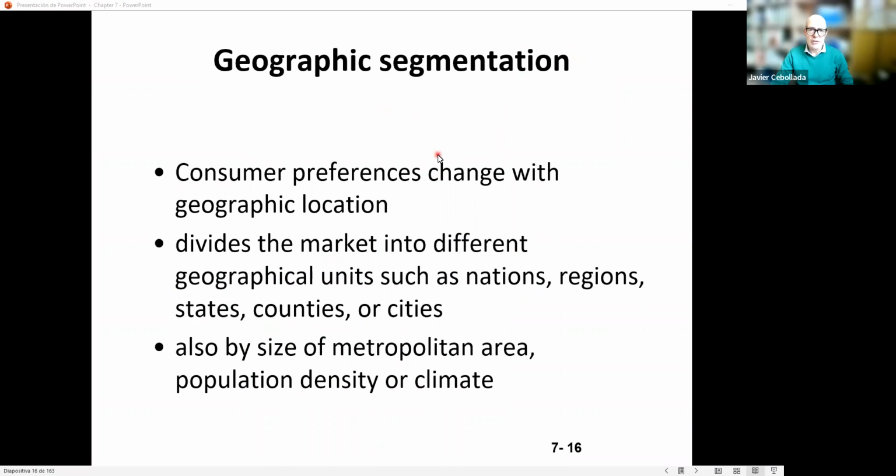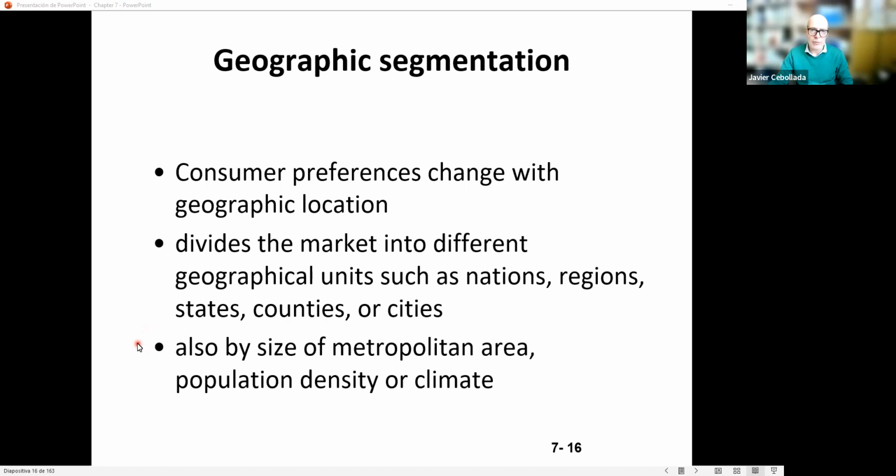In the case of geographic segmentation, this is interesting when the preferences of the consumers change with the geographic location. That not always happens. So the idea is to divide the market into different geographical units, such as nations, regions, states, counties, cities, even neighborhoods. Or, for example, by the size of the metropolitan area or the population density or climate.